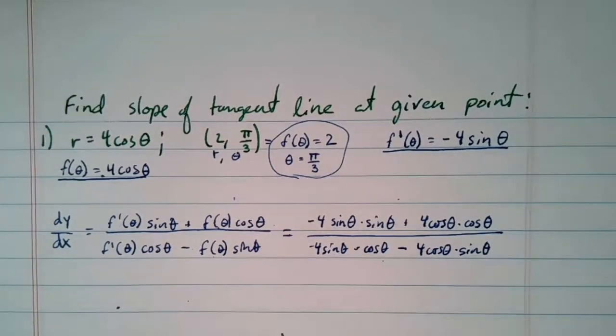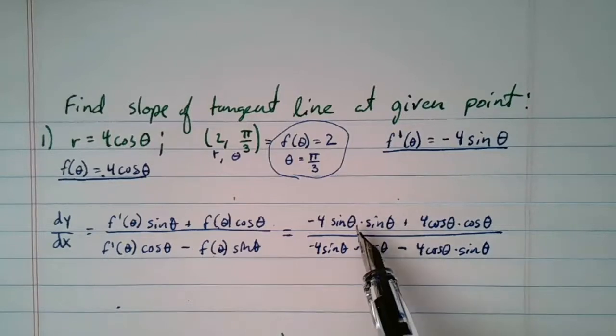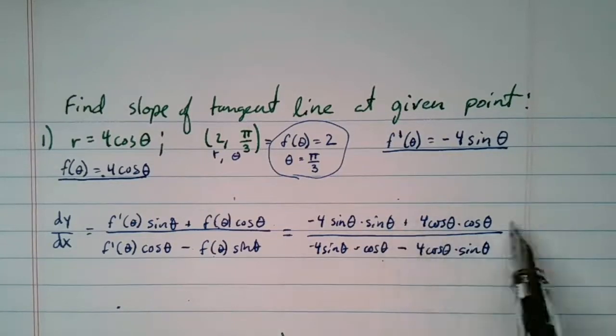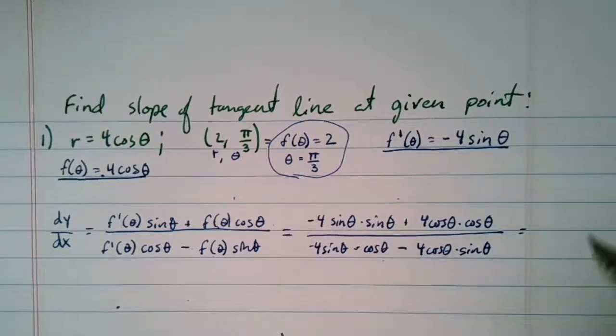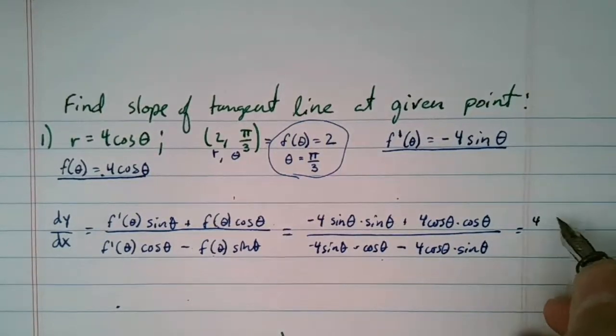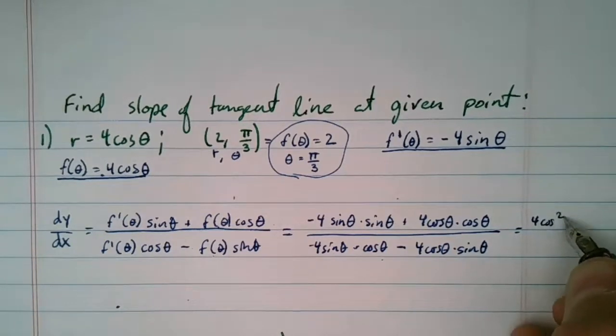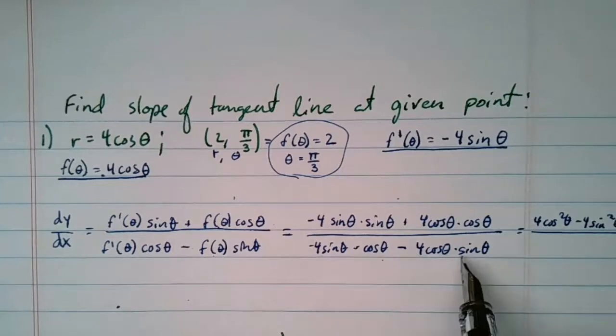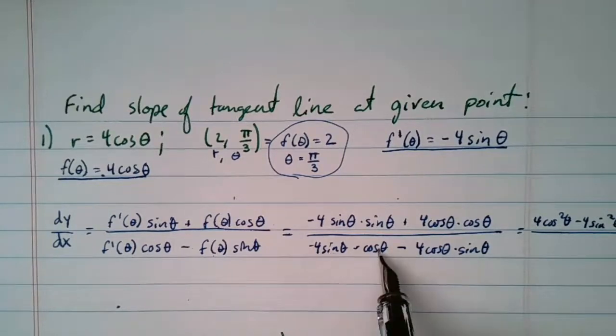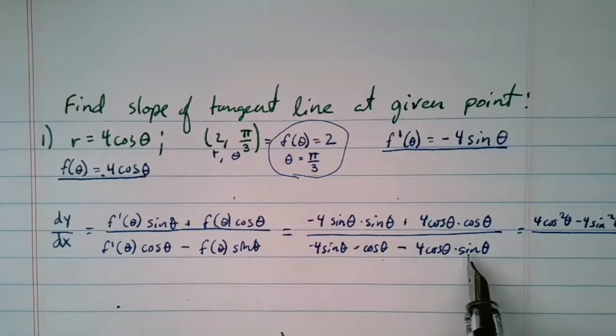Fun. Now what we're going to do is we're going to take this. Okay, so here it is. We're going to try and simplify this a little bit. And what will this be? This will be 4 cosine squared minus 4 sine squared over, and this will be what? Negative 4 sine cosine minus 4 sine cosine.